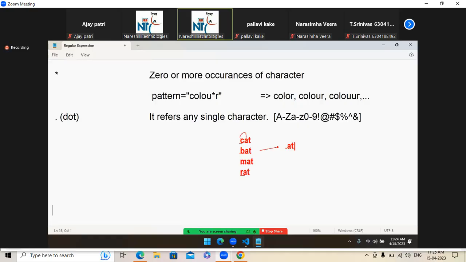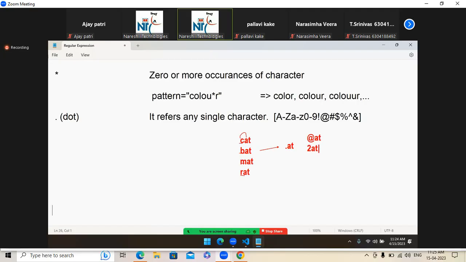This indicates the total length must be only 3. The last 2 must be AT, and the first character can be any. In that case, this is also allowed, for example, at, net, 2AT, this is also allowed.